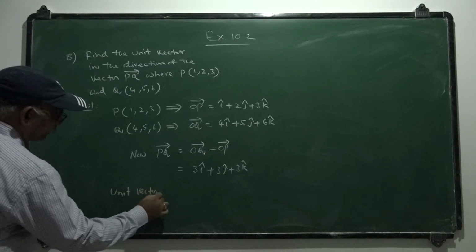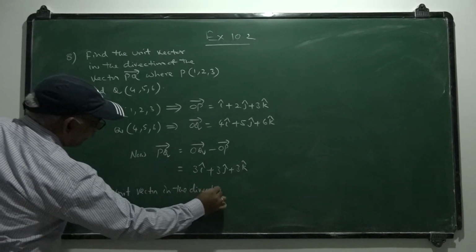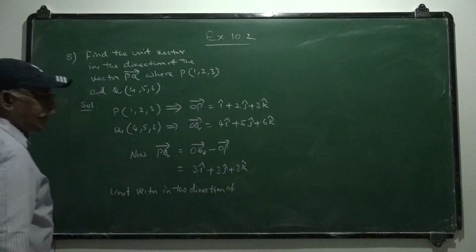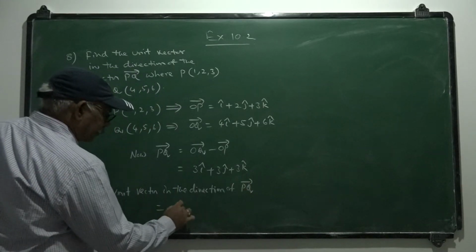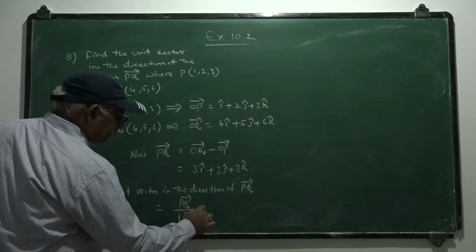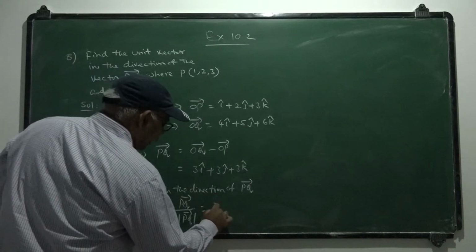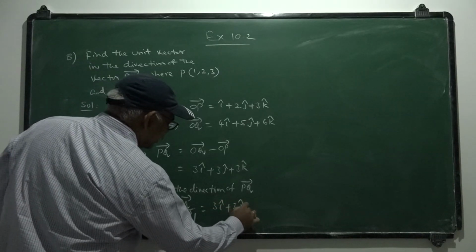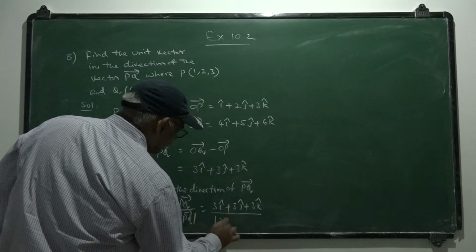Now the unit vector in the direction of PQ bar is equal to PQ bar by the modulus of PQ bar. That is 3i plus 3j plus 3k by its magnitude.